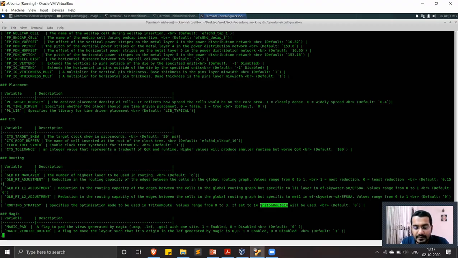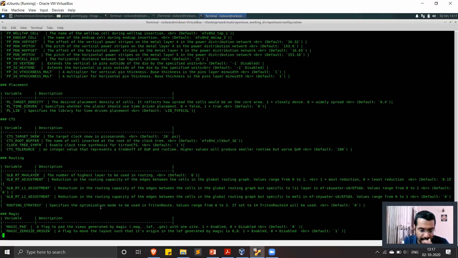So if you specify the routing strategy as 0, that means your routing would not be so optimal, like it won't converge to a zero DRC routing. But the good thing is, if you compensate on something, you are gaining on something else. So you will gain on the runtime, and you will gain on the memory requirements.